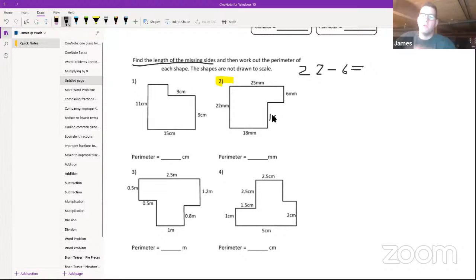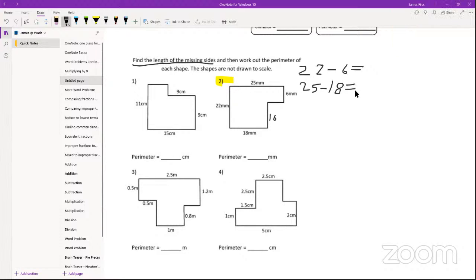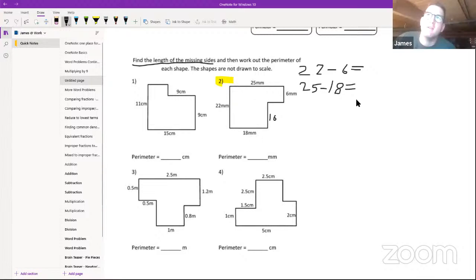And now we look at all the sides that are going like this. So we have a 25, and we have an 18, and the 18 plus the blank side is going to equal 25. So 25 minus 18. Oh, I see what you're doing. Yeah. 25 minus 18.